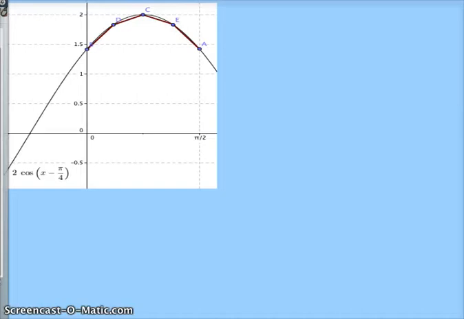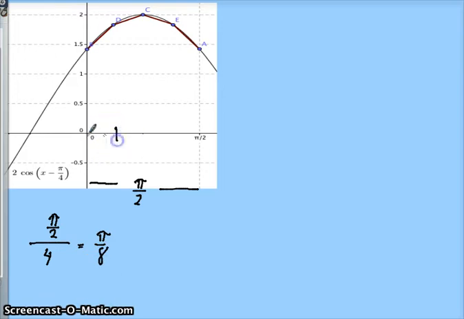Suppose we would also like to use 4 line segments as well. All right. So remember, we want to find out the total length of this interval from 0 to pi over 2. Well, that's pi over 2. Because we're using 4 line segments, we're going to divide this by 4. And that gives us pi over 8.